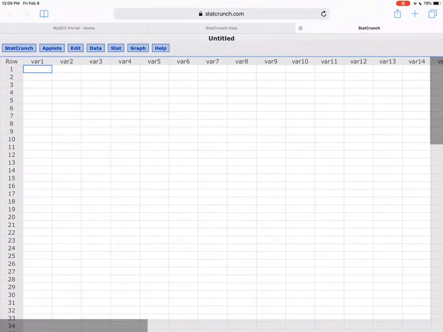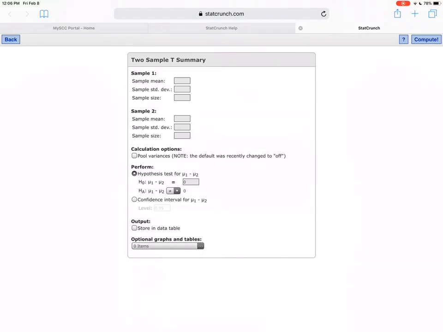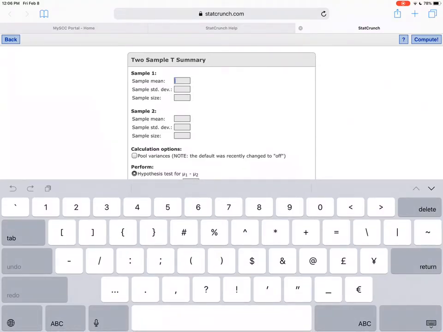If you have not seen this already, in StatCrunch, you're just going to go to your Stat menu like you always do, but you're going to go to T Stats when the population standard deviation is unknown. This is Two Sample because we're comparing, and this is a case where we have the summary statistics. All right, now I'm going to go through and input my information from this problem.